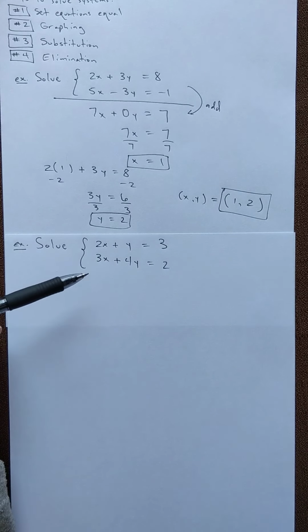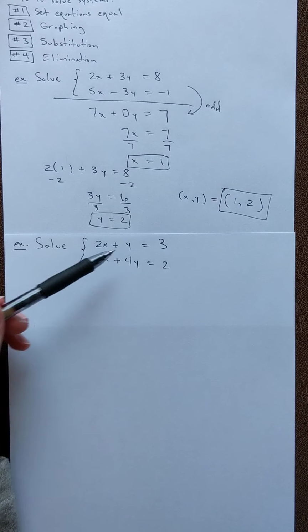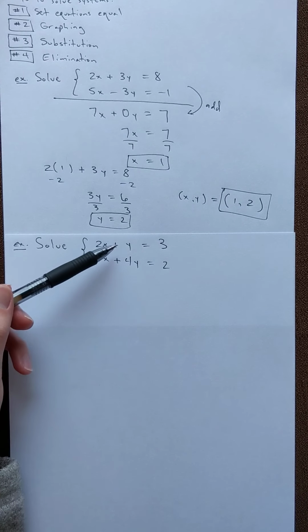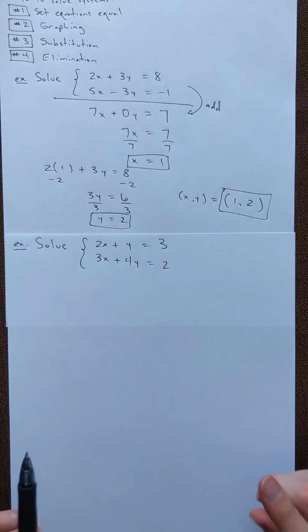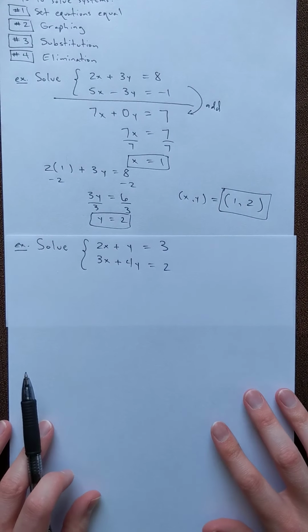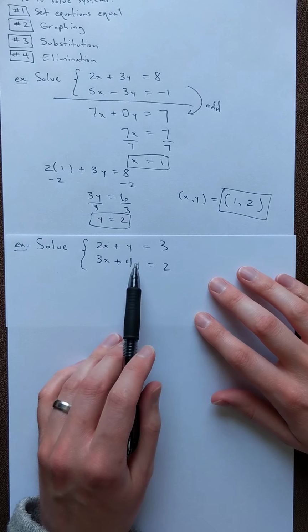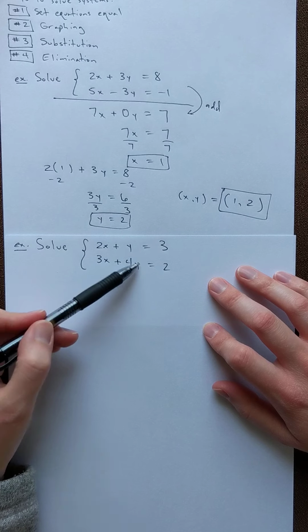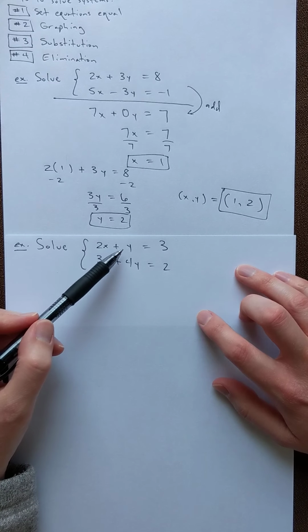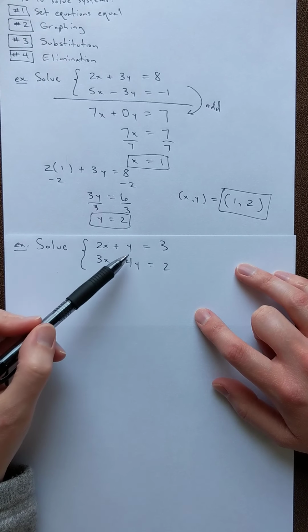And so we have to go back to what things we are allowed to do to an equation. I can't just add 3 here, because then that's really adding 3 y's, and I would have to do the same on both sides. I can multiply both sides of an equation by a number. And if you stare at this long enough, you could see we can make this into a 4y and a negative 4y if we multiply the top equation by negative 4.